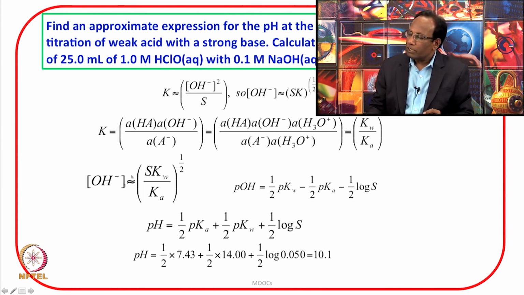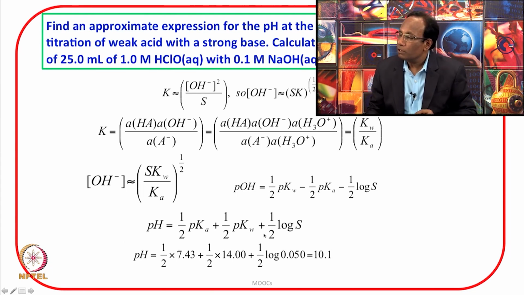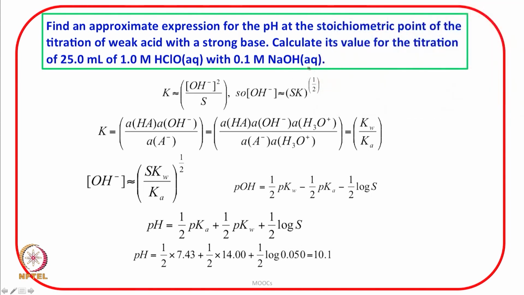So, please try to solve this in a detailed way by yourself, but this method describes how pH can be obtained at the stoichiometric point, and this is the expression to be used at the stoichiometric point, and that I showed in the previous figure. The equivalence point, that is the concentration of salt, can be calculated from the given information, and that please try yourself.